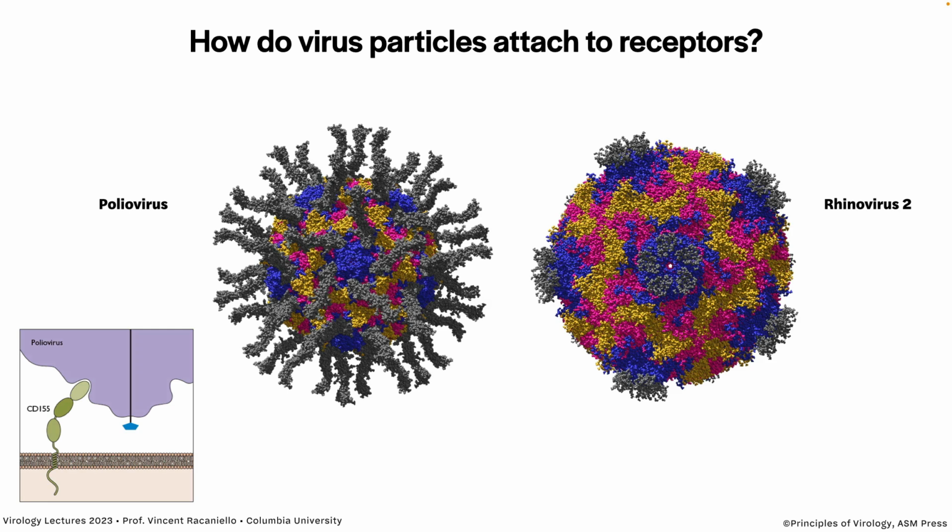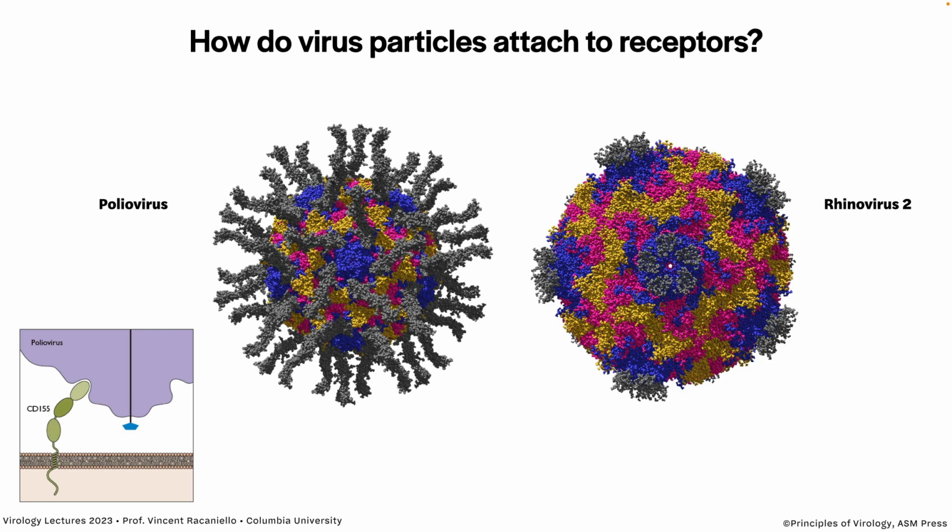And here are 2 examples that I think illustrate one strategy, which is if you have viruses that are just a protein shell, remember icosahedral symmetry, and that's poliovirus and rhinovirus, they can interact directly with the receptor.